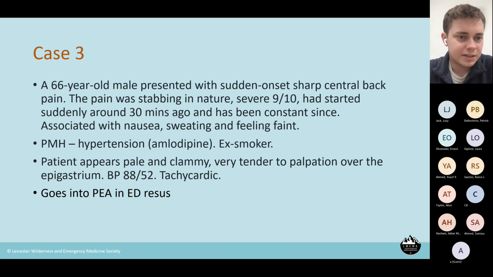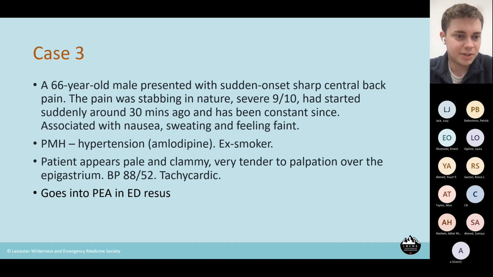So we've got a 66-year-old male who's presented with a sudden onset sharp central back pain, stabbing in nature, very severe, associated with nausea, sweating and feeling faint as well. He's got hypertension, he's an ex-smoker, very pale and clammy, tender over the epigastrium, and his blood pressure is very low and he goes into cardiac arrest.